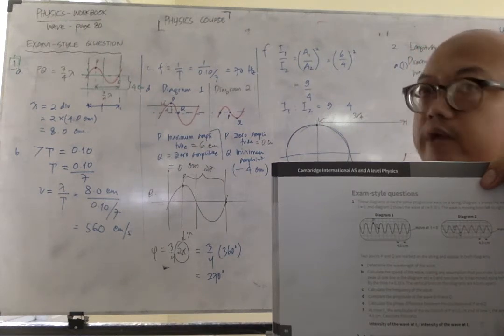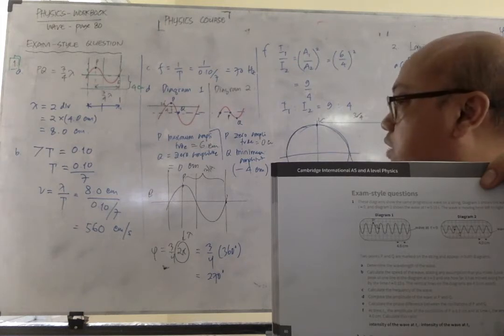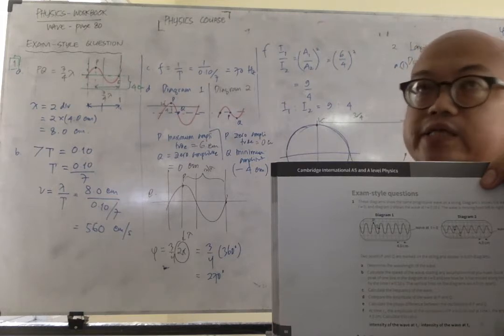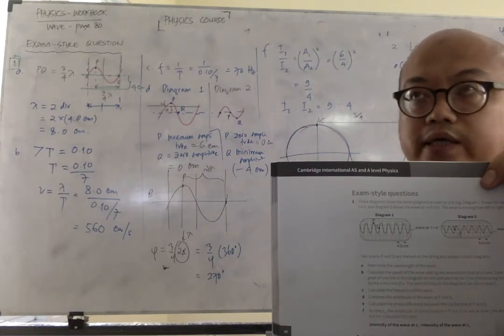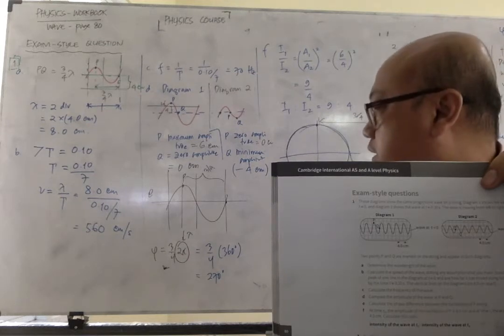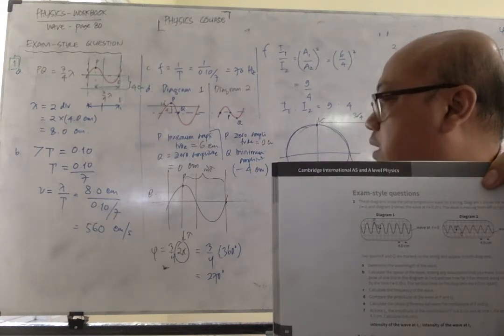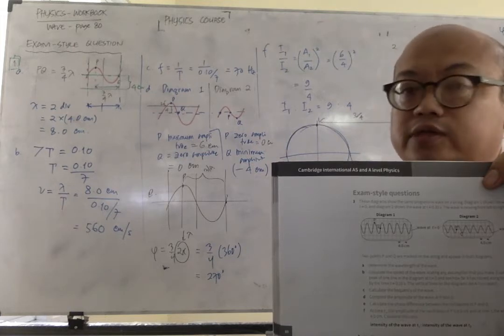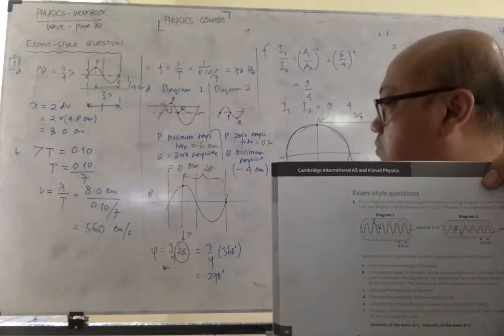But we have the parameter about t: 7 wavelengths, 7 periods, take 0.10 second, so the period is 0.10 divided by 7. We can use the calculator for the number. But we will continue with the velocity, or speed, of the wave: velocity is lambda over t.